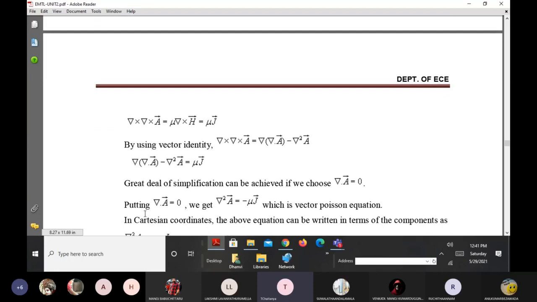For a great simplification we can achieve that the divergence of the curl of any vector is 0. See, divergence of del cross A bar becomes 0. The only remainder is del square A, which can be got from the above equation.